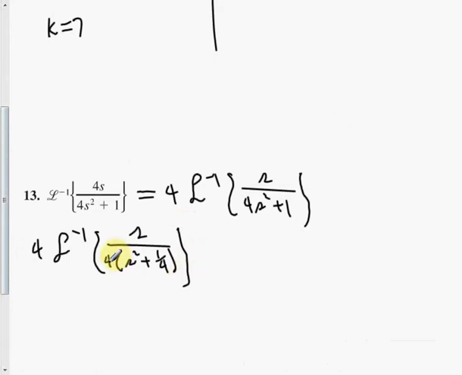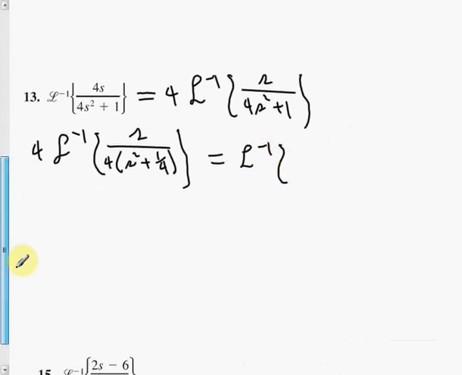Now I can pull this 4 out, so that's 4 divided by 4, that cancels out. So this is just the inverse transform of s all over s squared plus 1 over 4. Well, here, our k is 1/2. Right? So we square that, we get the 1/4.